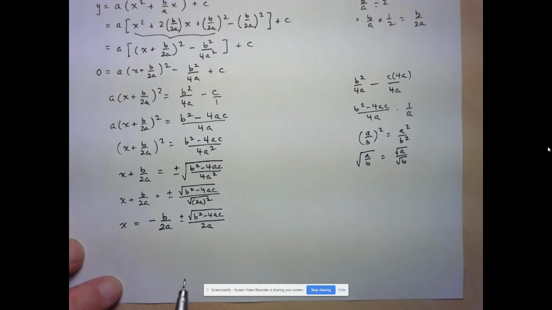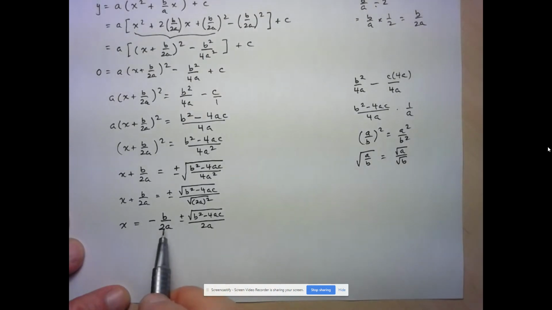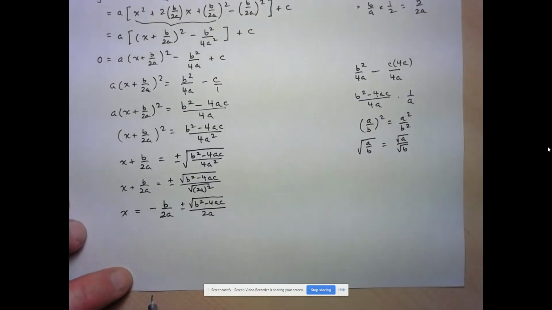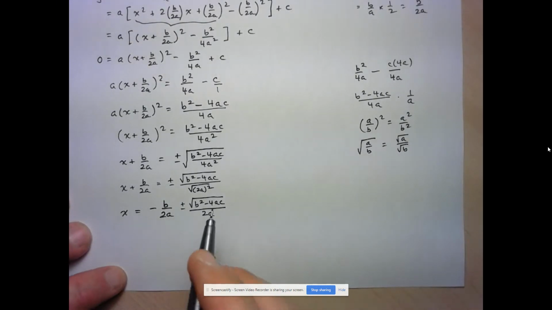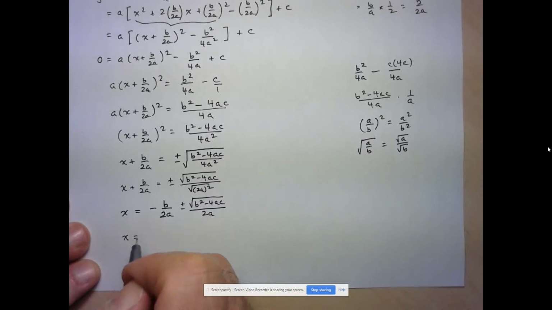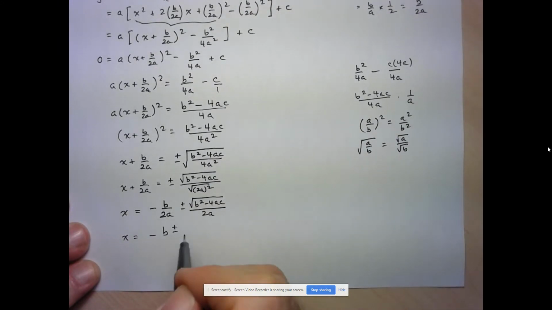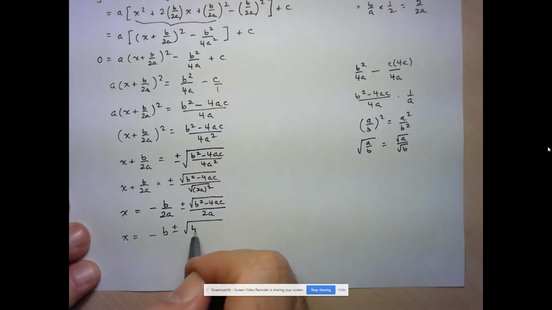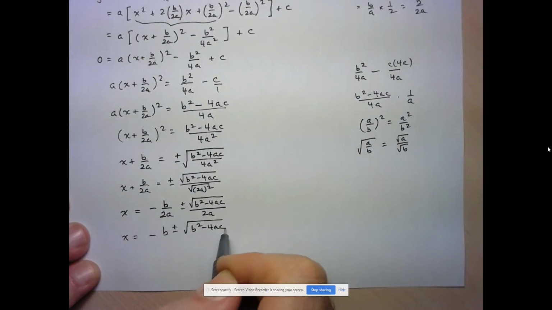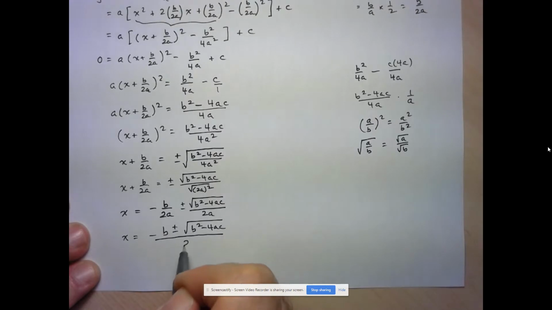And look how nice that is, because we've got two fractions with a common denominator. And since it's just addition and subtraction, I can bring these two things together and rewrite this as negative b plus or minus square root of b squared minus 4ac all over 2a.